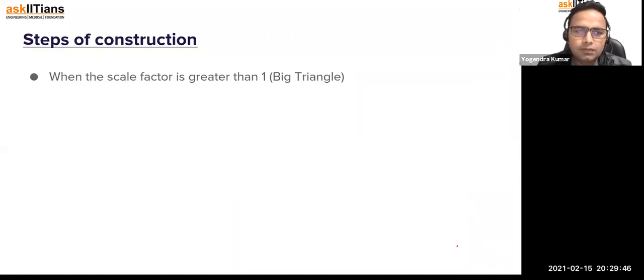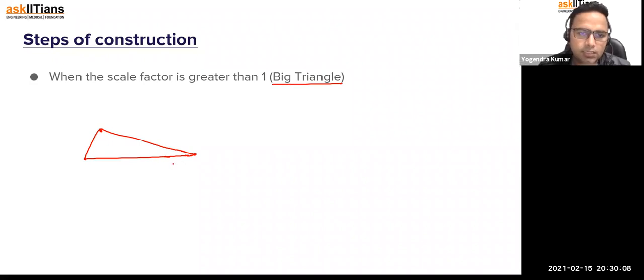So let's understand first how we construct a triangle which is bigger in scale. Bigger triangle. Suppose there is a triangle given with some dimensions, and I want to construct a bigger triangle to this. Then they will say what ratio we want.